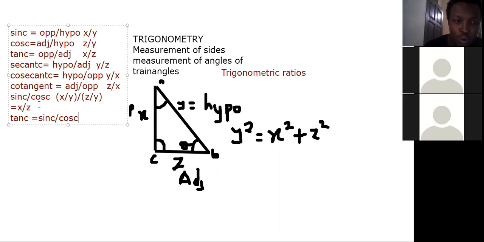So we can conclude that tan C is equal to sine C all over cos C. Can we conclude that? Yes. Ruben, do you agree? Yes, sir.